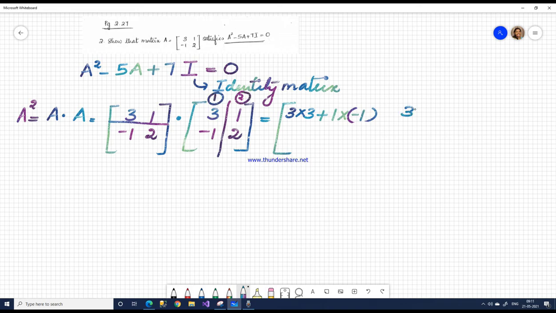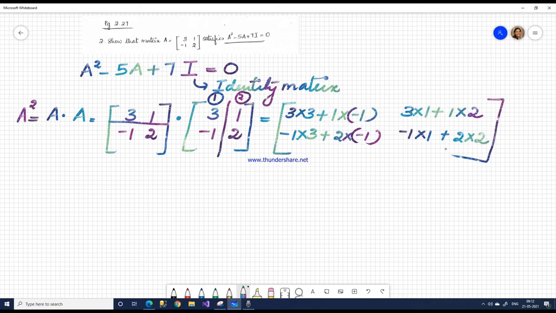Now, 3 into 1 plus 1 into 2. Okay. Then, minus 1 into 3, that is our first column, and 2 into minus 1. Then, minus 1 into 1 plus 2 into 2.